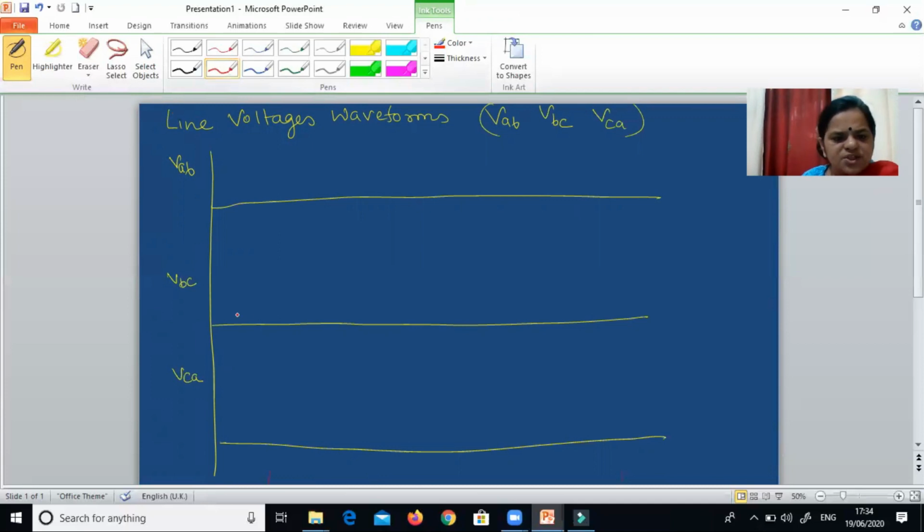Let us draw the instants 0, 30, 60, 90, 120, 150, 180, 210, 240, 270, 300, 330 and 360. Extend the waveforms, extend the instants.